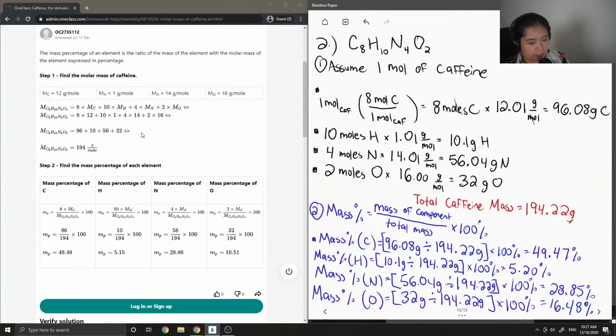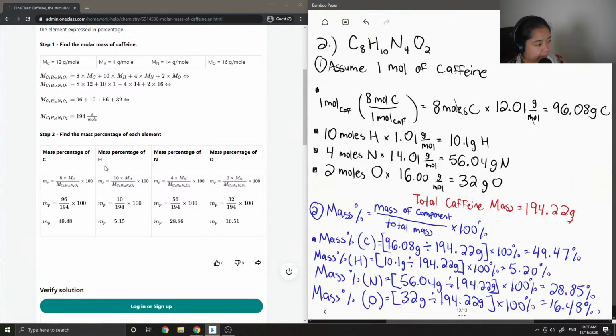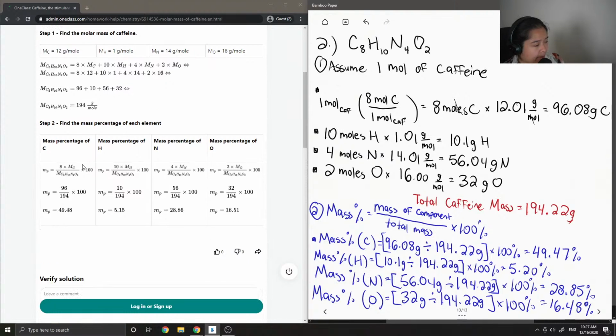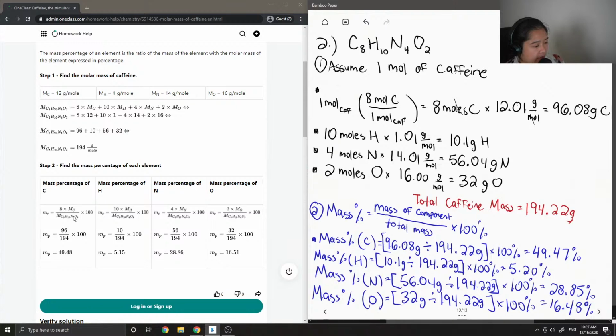They showed how the total mass would be around 194. Then step 2, find the mass percentage of each element. They have 8 times the molar mass of carbon, so they pretty much just condensed all the steps.